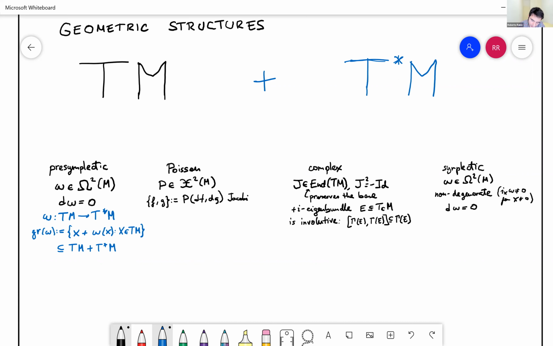Two observations. The first one is that what I'm really considering is this, but I'm not writing it to make it lighter, but it is a direct sum. At every point, I'm considering the direct sum of the tangent and its dual. The second observation is that I'm using for x, y all this notation both for sections and for elements. Here I'm just saying x in Tm because what I'm doing here is just linear algebraic. I don't need to consider a smooth section. I am just taking the elements and defining these subspaces at each point.